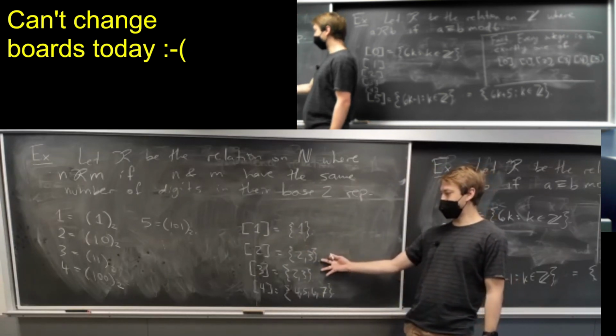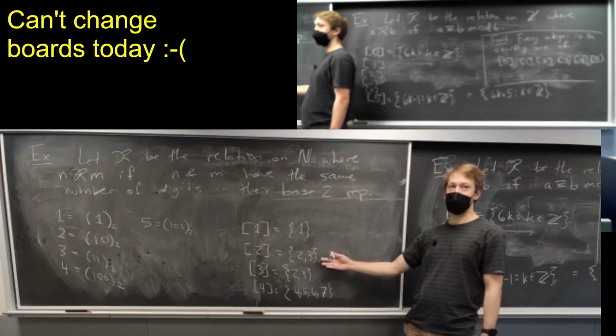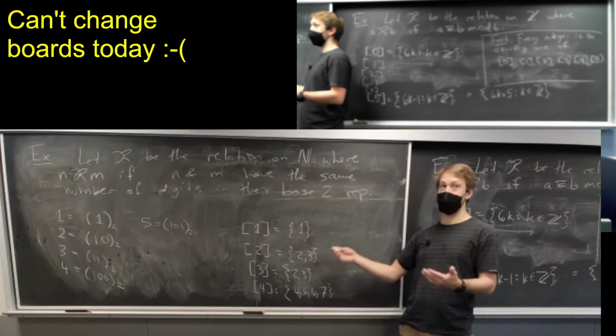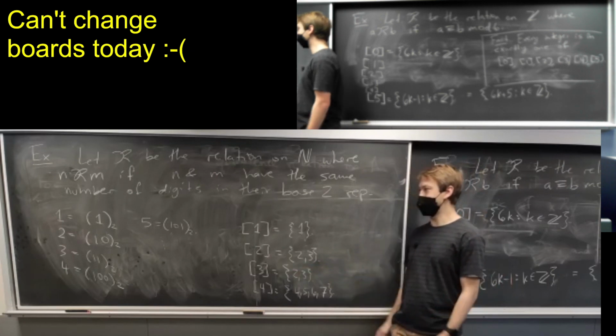Now this might look like it's contradicting that statement, but the point is that these equivalence classes are the same. So they don't count as different sets in some sense.